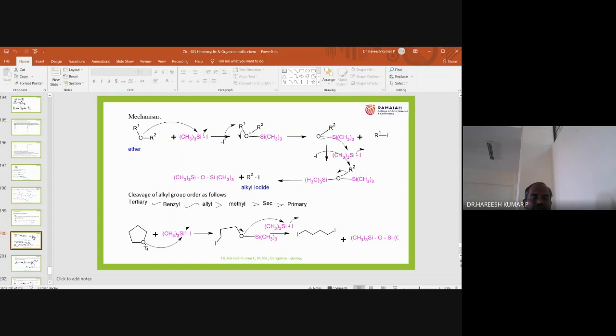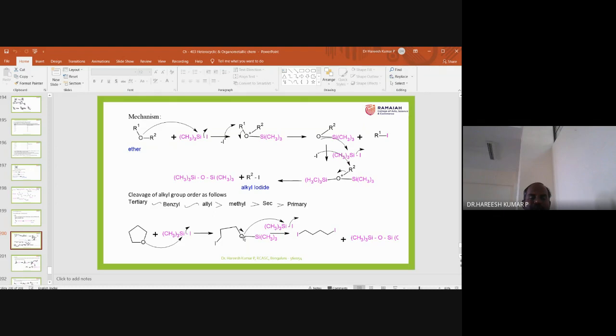If there is a lone pair involvement in a new bond formation, oxygen attains a positive charge, then this bond pair converts to a lone pair, then this carbon attains a positive charge, and that carbon is attacked by I minus, so that is how the bond is formed. An iodoalkyl silyl ether.